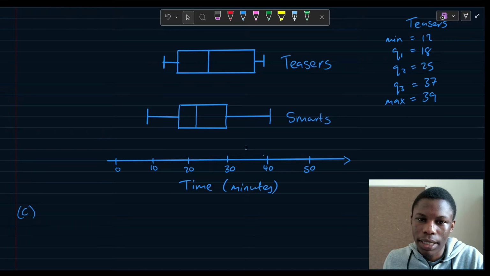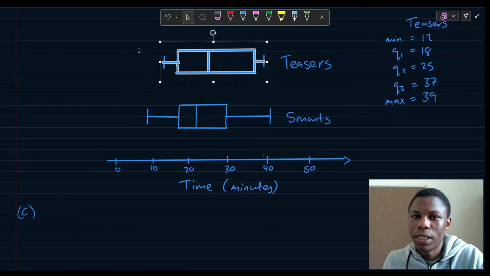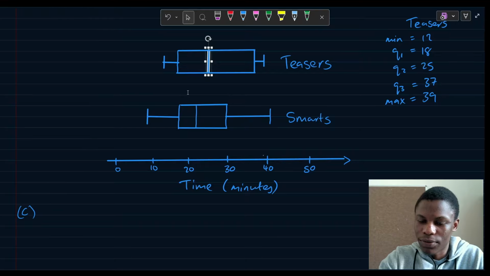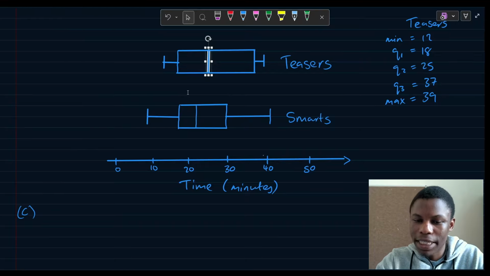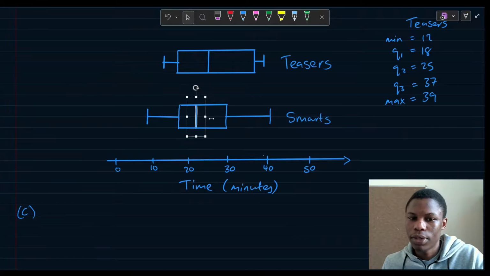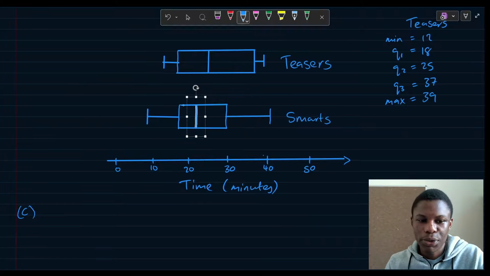We can tell that on average the teasers take more time, because of the median. In the context of this, it is time taken to solve a puzzle. So on average, the teasers spend more time completing the puzzle, whereas the smarts are quicker because of the smaller median. So we can say smarts take less time or smarts are quicker.